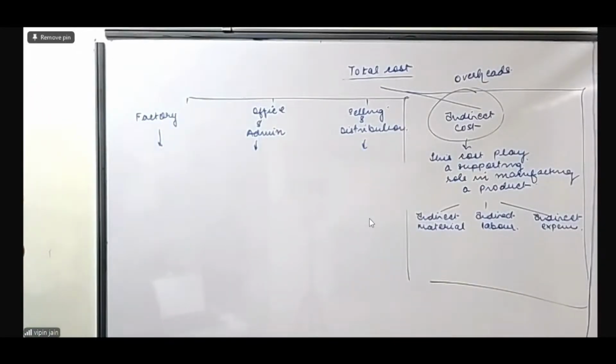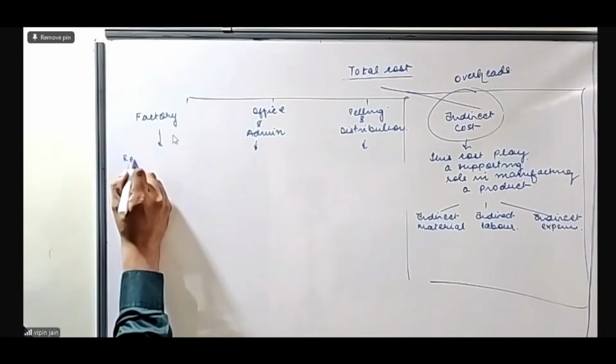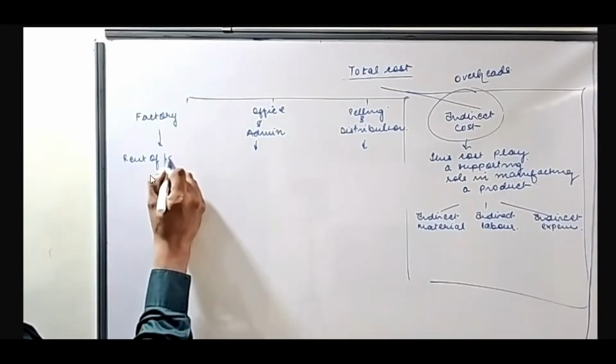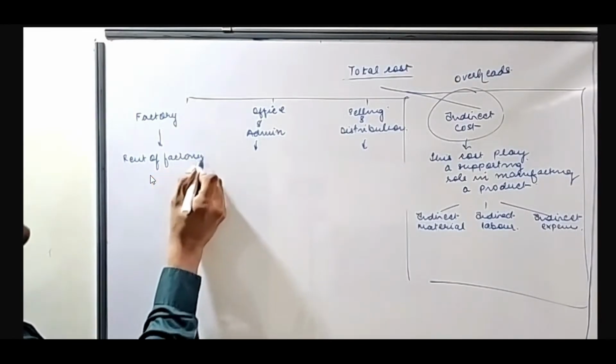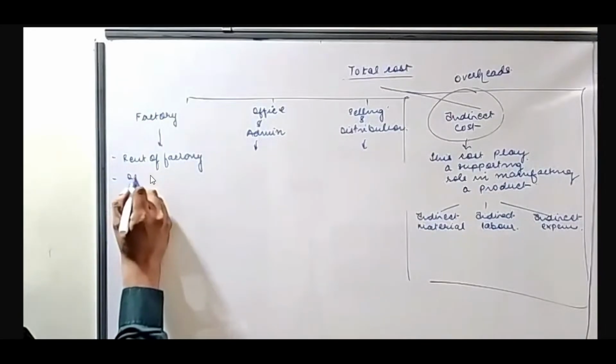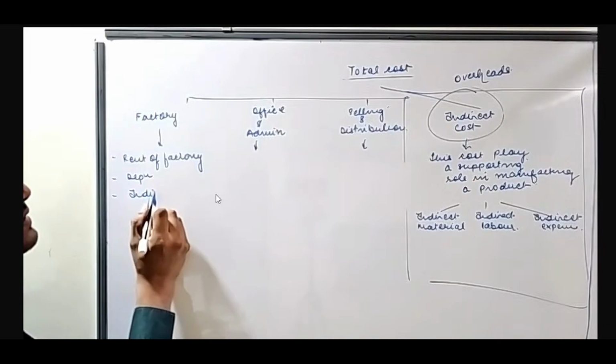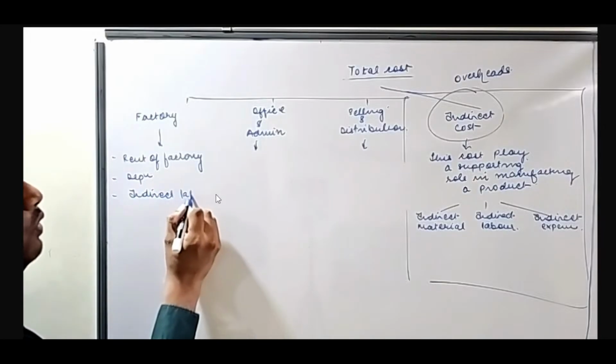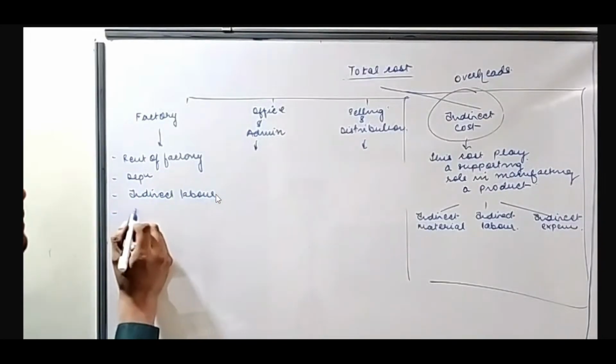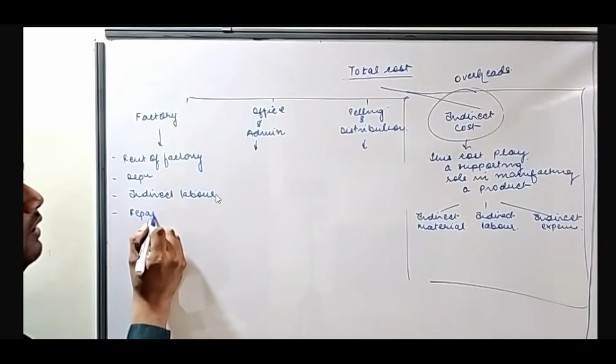When talking about the factory, it can be rent of factory. I'm writing a few examples for your reference. Depreciation. If indirect wages or indirect labor is given, it will go in factory overheads. Repairs to machinery.